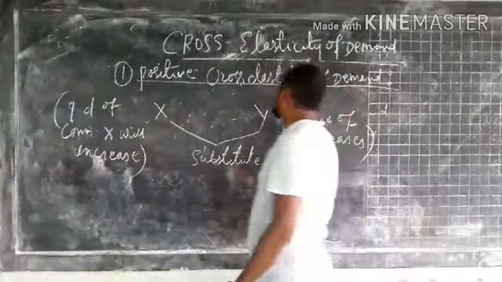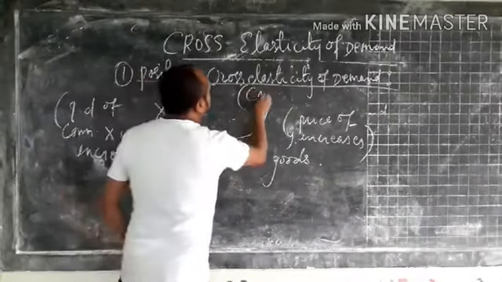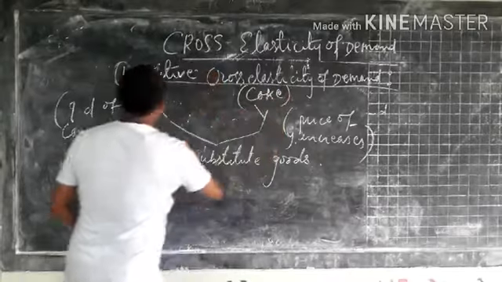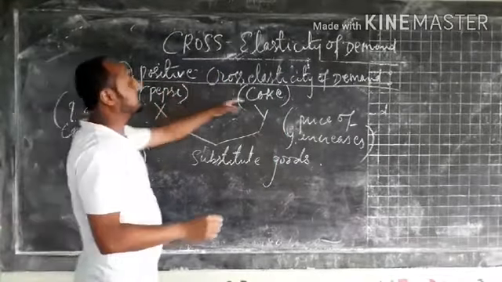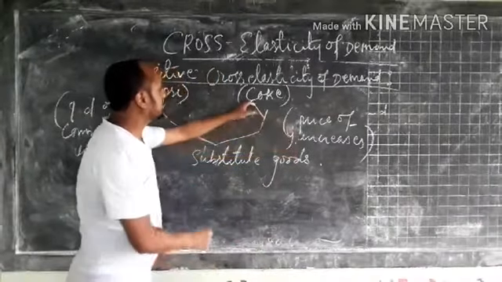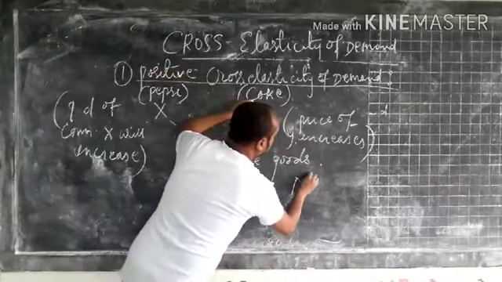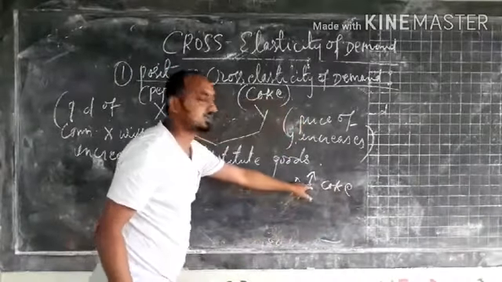Let's consider Y as Coke, and commodity X as Pepsi. Now Coke and Pepsi are two substitute goods. When the price of Coke increases, this upward arrow shows the increase in price.